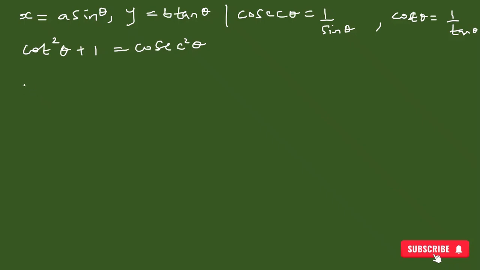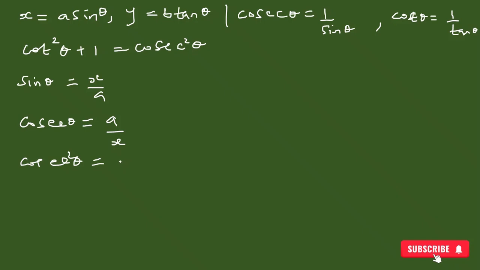From the equations given, x equals a sine theta, we can get sine theta as x over a. The reciprocal of sine is cosec theta, so cosec is a over x. But what we want is the square of the cosec, so cosec squared theta is a squared over x squared.